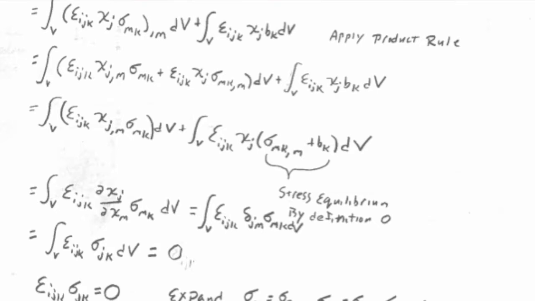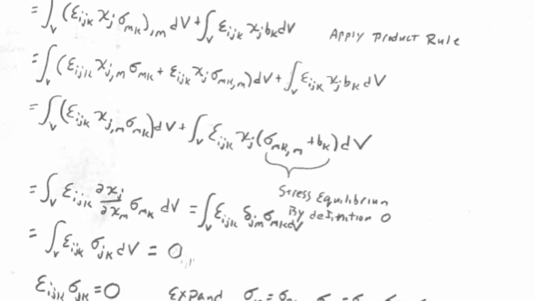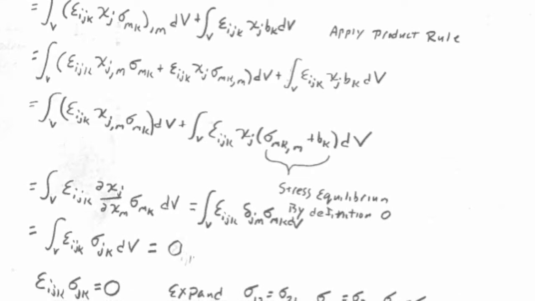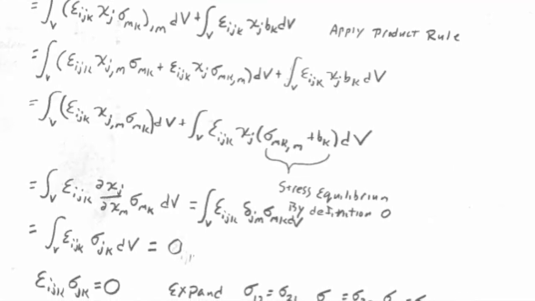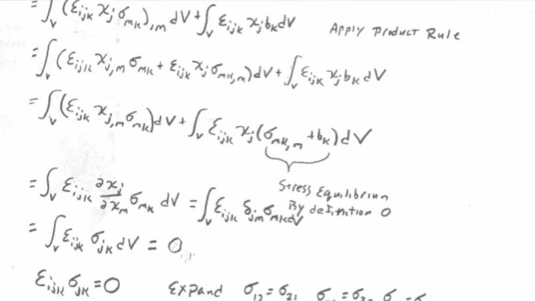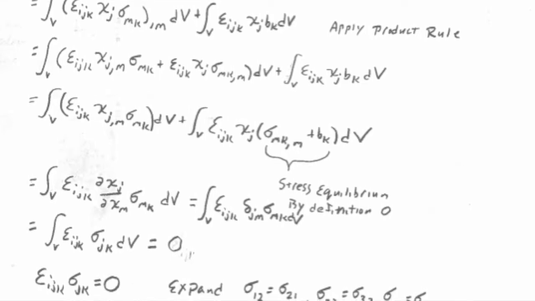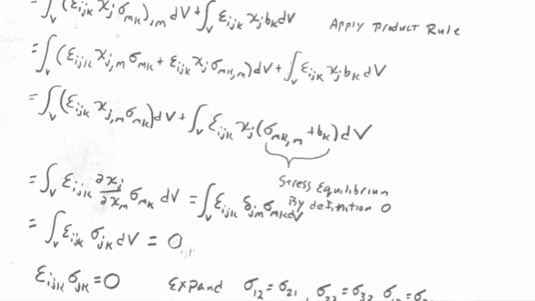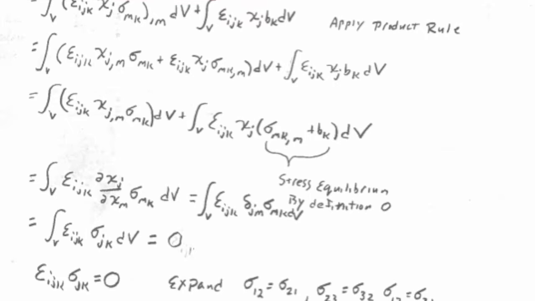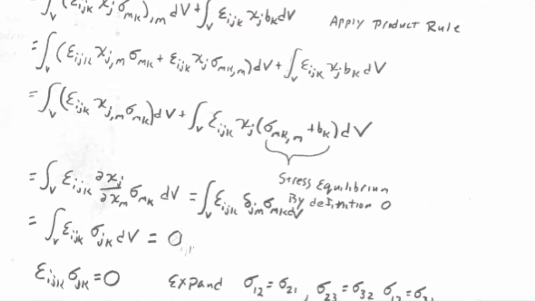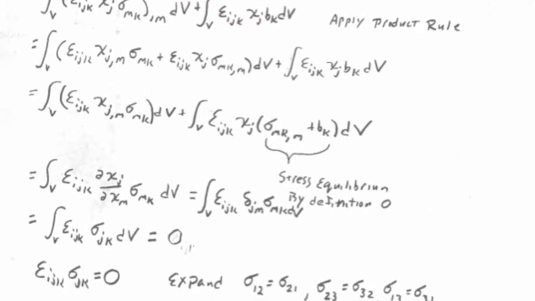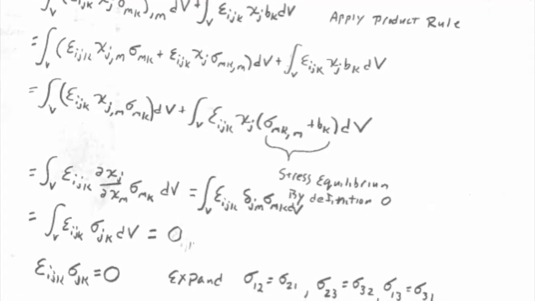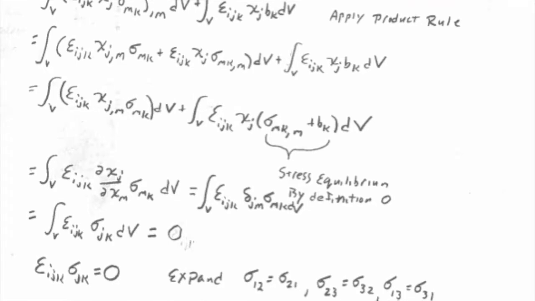So then this simply becomes delta_jm sigma_mk, right? And by the properties of the Kronecker delta, I can replace this like that.